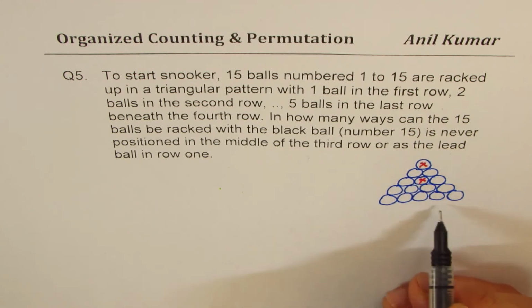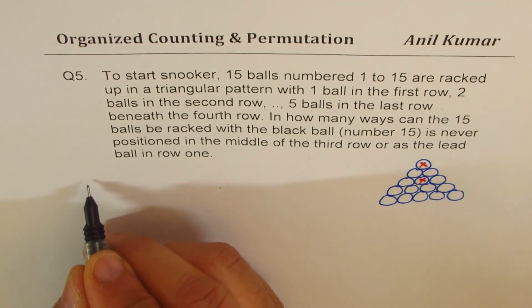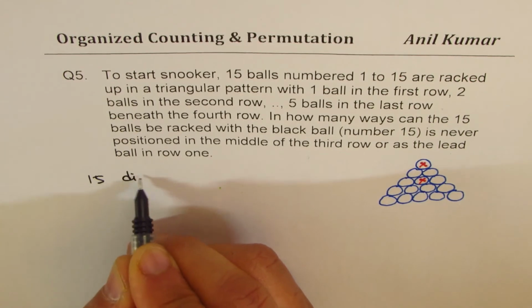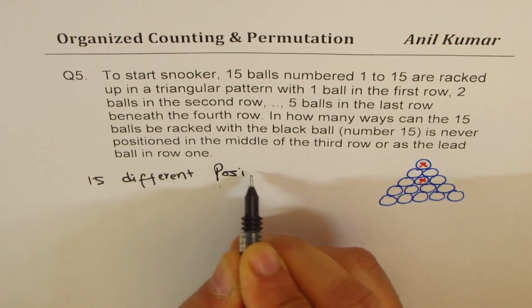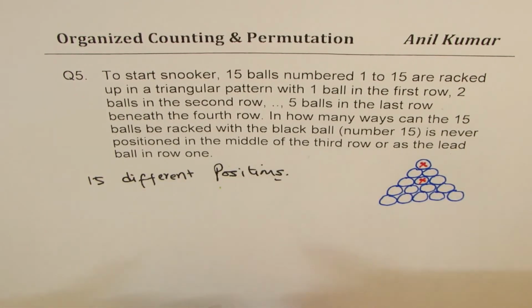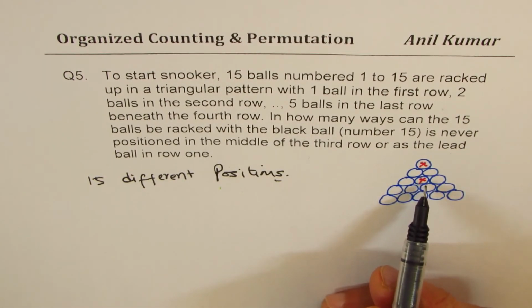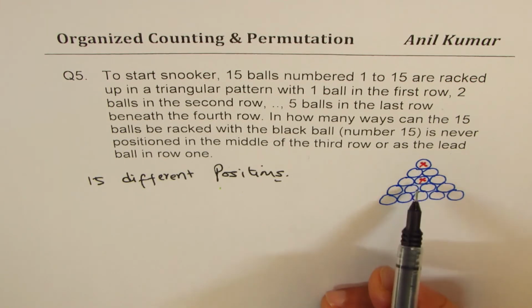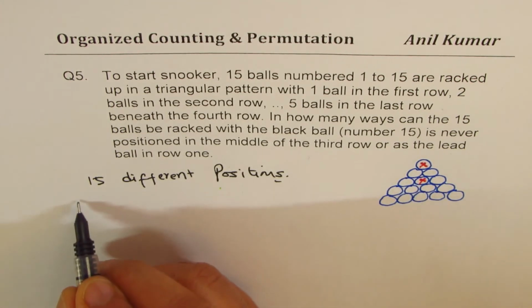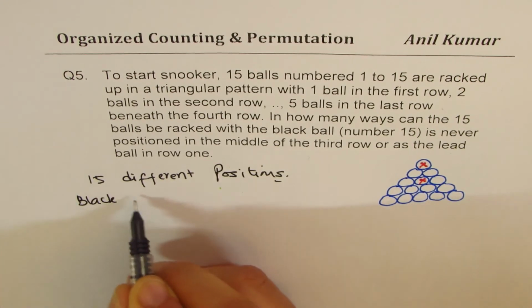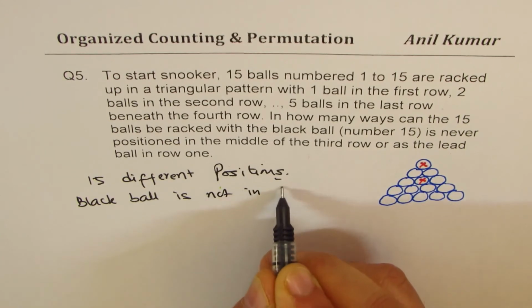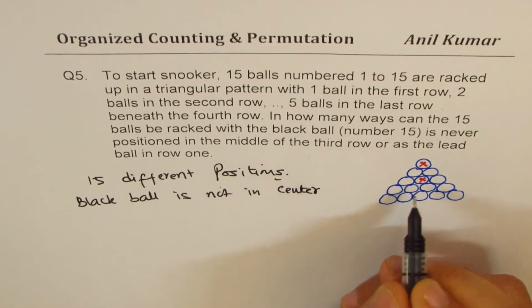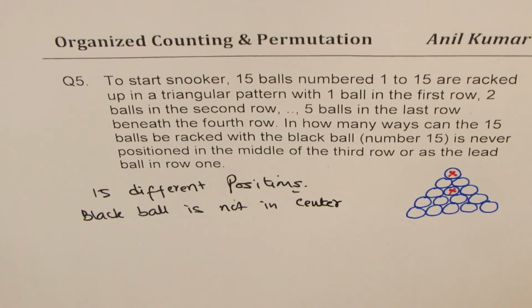Means we have 15 different positions, right? Where the black ball cannot take two positions, right? So let's begin, the black ball is not in the center, let us say, right? Now in such questions, what kind of strategy should you apply?